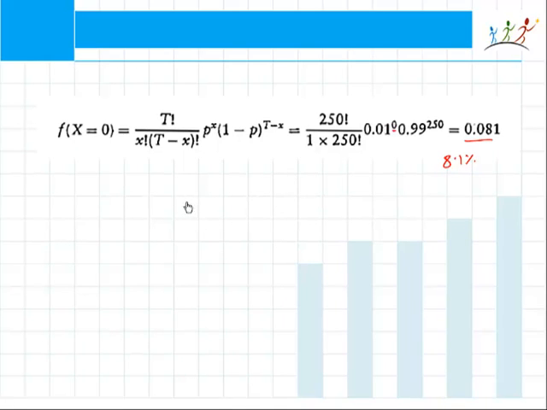Now let's try to understand how this concept is used in our applications or used in validating the VAR. So let's say there is 250 days of data and it's a 99% VAR that we are estimating.